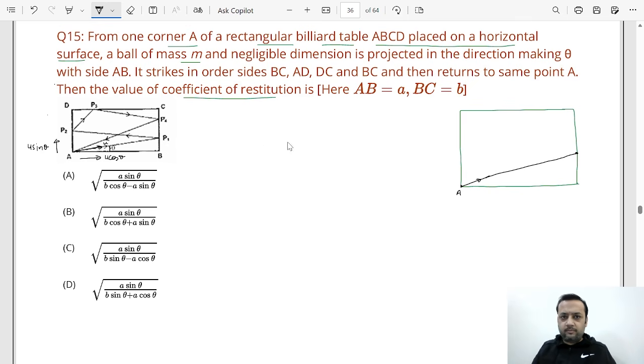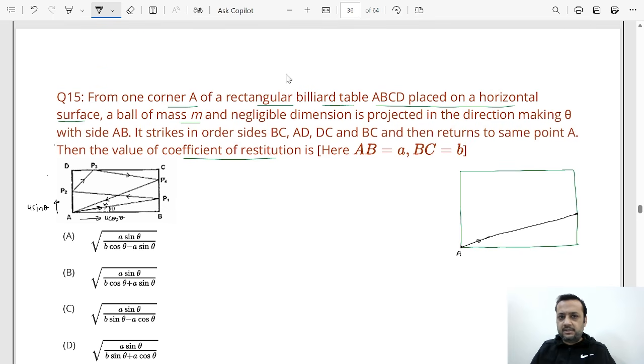Before I continue with this, let me help you recall one very important result. Suppose this is the ground, and the ball strikes this ground with some velocity v, and rebounds with a certain velocity. If the coefficient of restitution is e, then the velocity component perpendicular to the surface becomes e times.